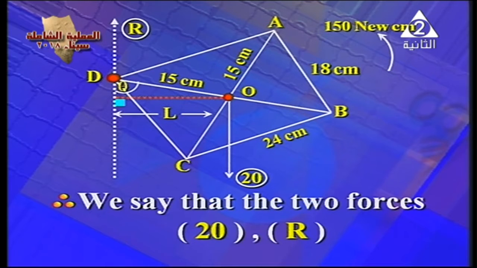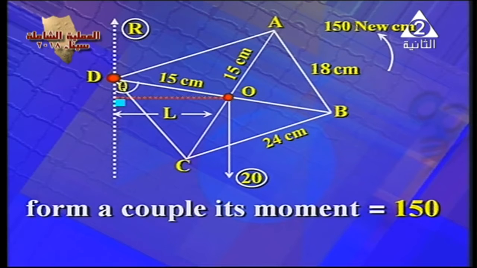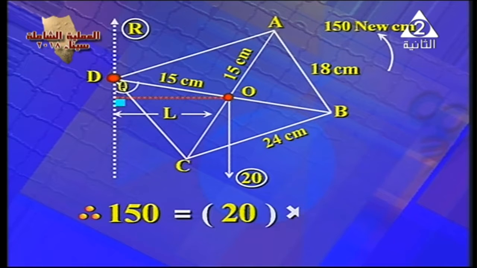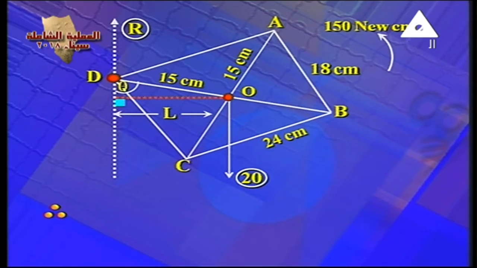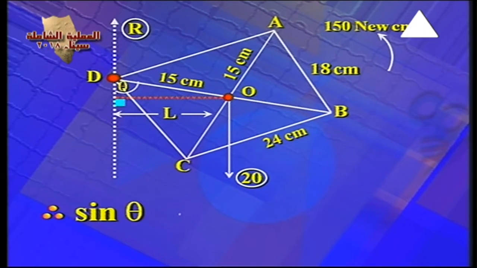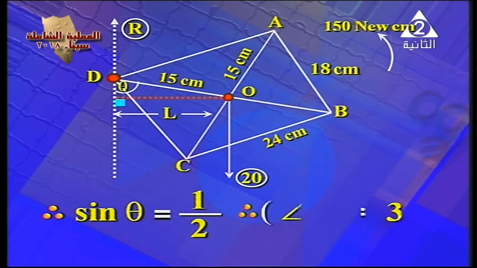The two forces 20 and R form a couple, its moment 150. Then we deduce that the couple 150 equals the force times OE. What is the value of OE? By substitution, OE equals 15 sine theta, times 20 equals 150, then sine theta equals 1 over 2, then the measure of angle theta, shift sine half, equals 30 degrees.